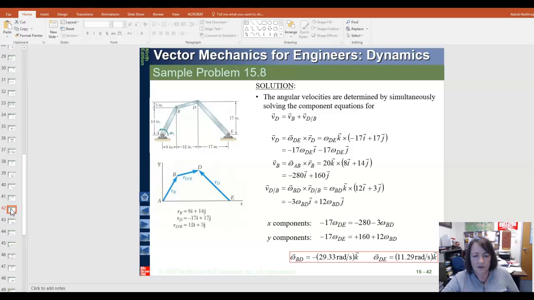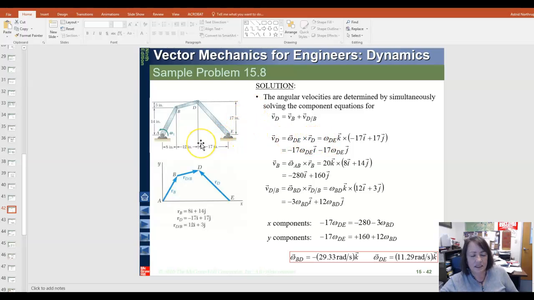But our directions are a little bit more complicated here, so we're going to break those up into I and J components. So for example, we have omega D, but then we have the moment arm, which is the r of D, so it's going to be whatever we're taking that about, D with respect to E. Okay, so we're going to say, how does this move with respect to this? And that's going to be this vector.